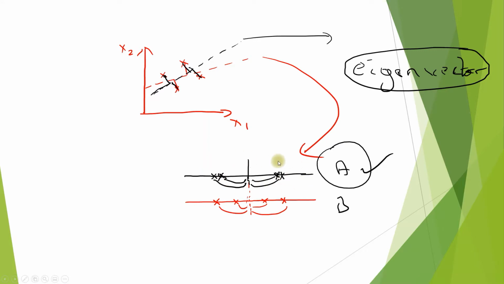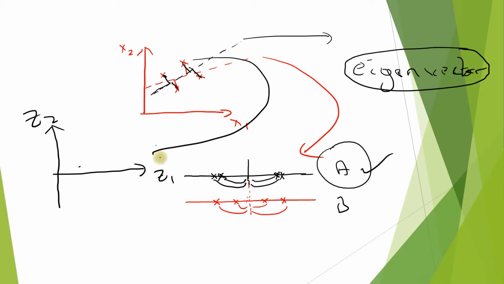So what is going to happen when you apply principal component analysis? You are basically getting new transformed data, where now you don't have x1 and x2, but you have z1 and z2, in such a way that this transformed data will be rotated on a new axis.